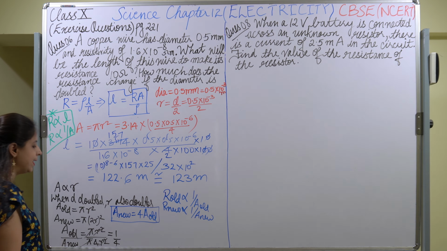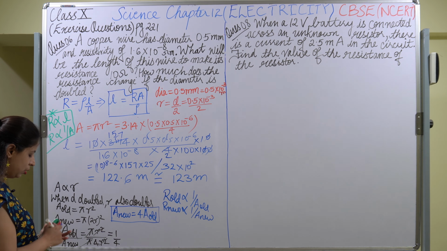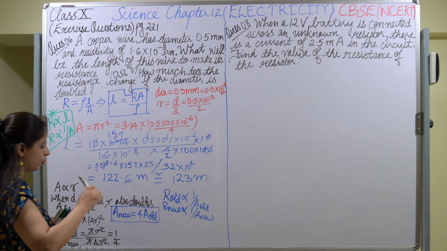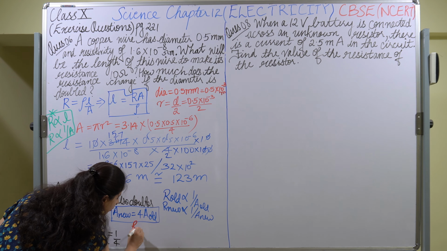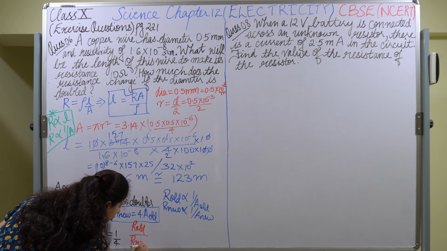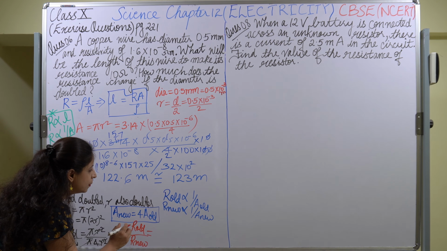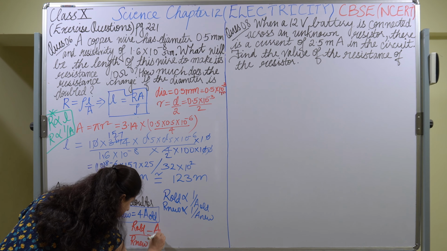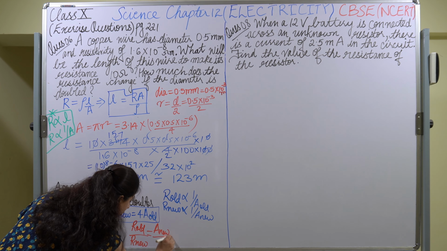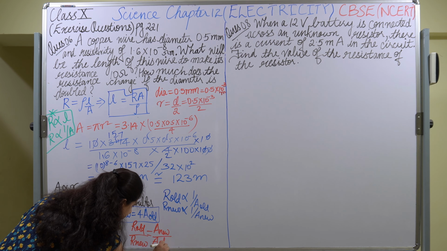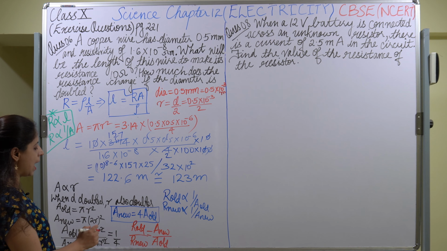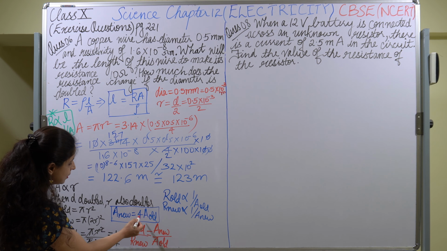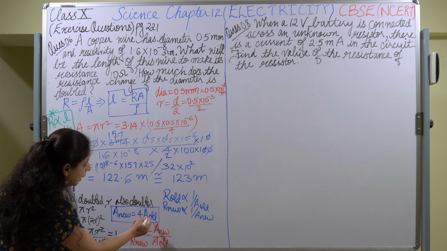When we divide both the values, we will be getting from here R old upon R new will be equal to A new upon A old. And A new value is equal to 4 A old.